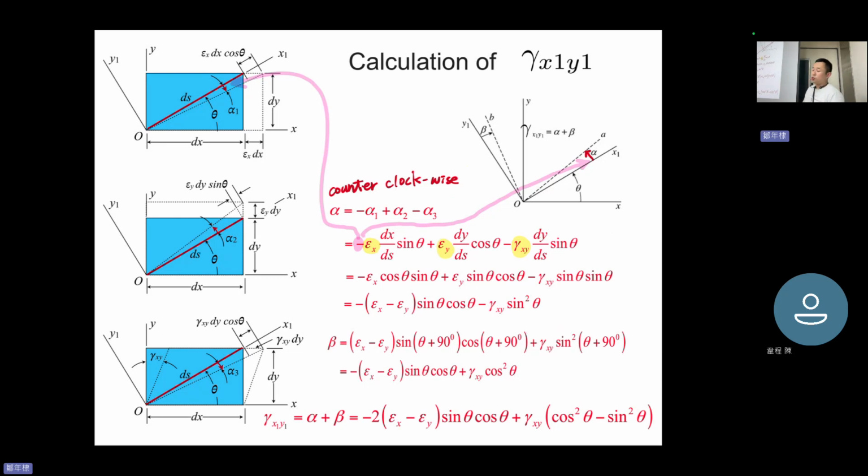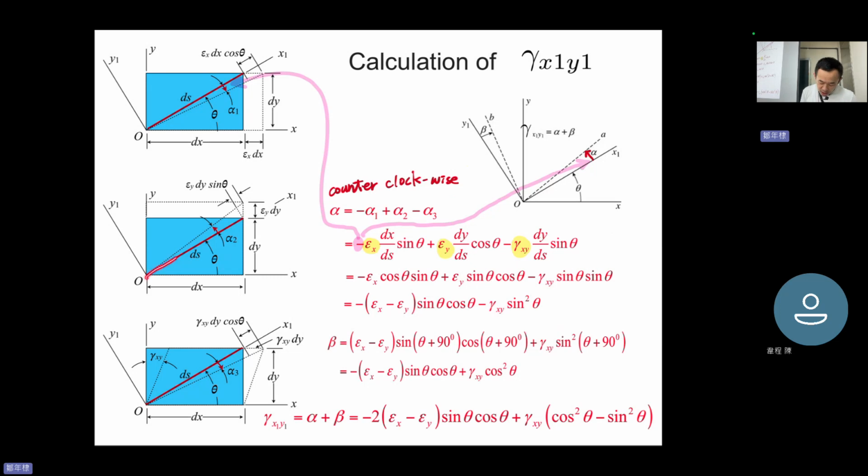I want you to notice here. Alpha is counterclockwise, but if you have positive epsilon x dx, it will make this point move to here, generating a clockwise direction of angle change. So this one will have a minus sign.